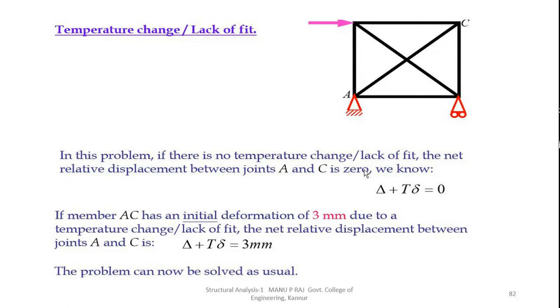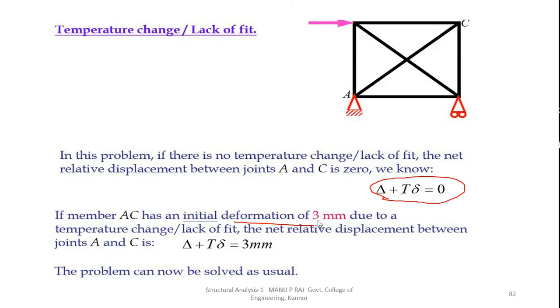Now the temperature effect. If the length of this truss member AC changes due to temperature effect, let the member AC have an initial deformation of 3 mm due to temperature change. Then the net deflection is not equal to 0. If there is no temperature effect, net deflection equals 0.